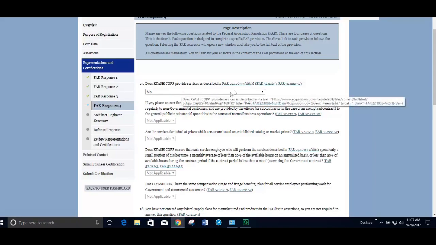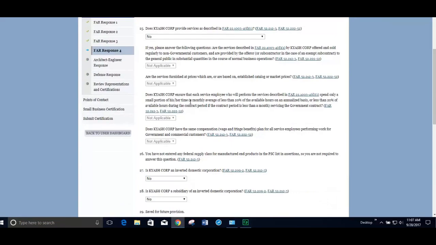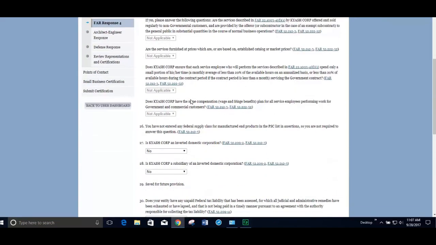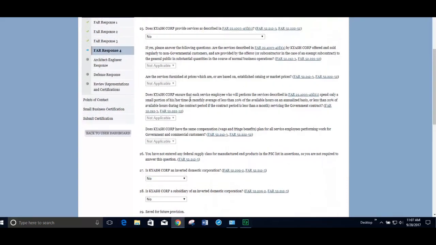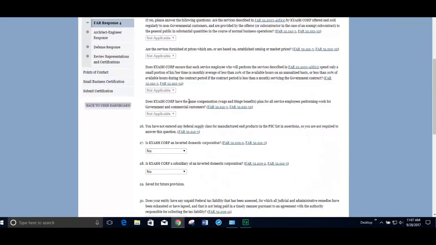So this would be no. And again, if you need help, I can help you roll through that. If you're a small business, a lot of this stuff isn't going to apply, but if you're a large business, then you could probably afford to pay somebody to do all this for you.